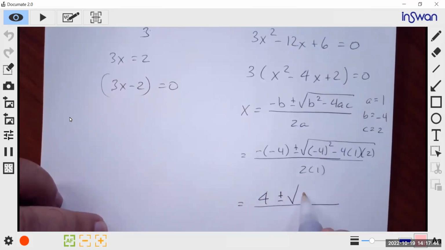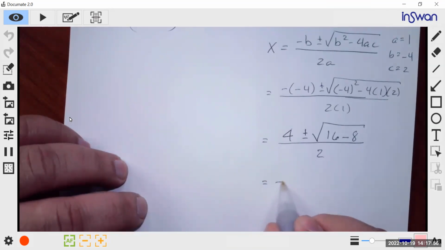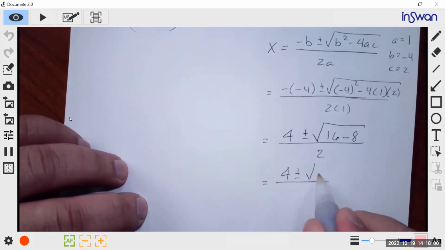Negative 4 squared, 4 times 4 is 16. 4 times 1 is 4, times 2 is 8. 16 minus 8 is 8.